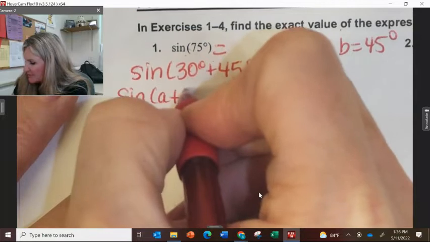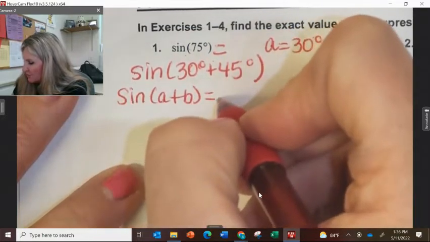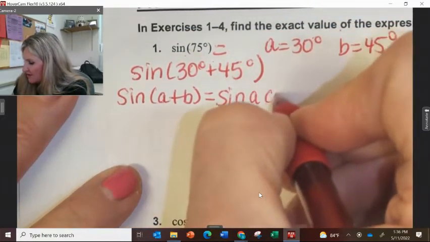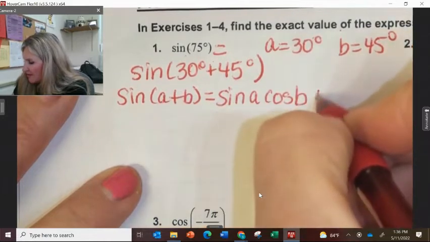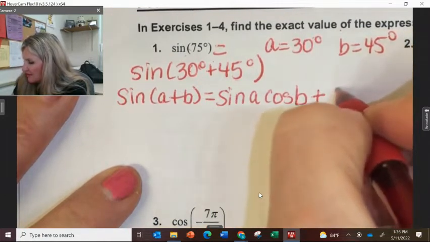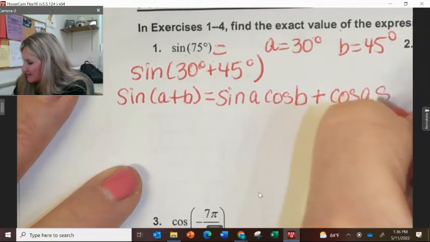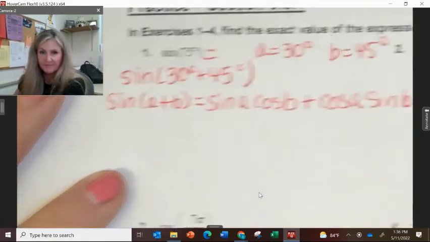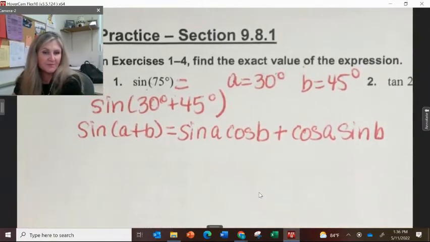Here's the formula. Sine of A plus B is equal to sine A cosine B plus cosine A sine B. That's the formula that I have to use.